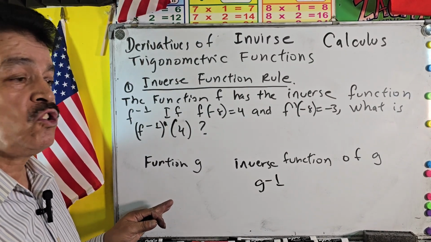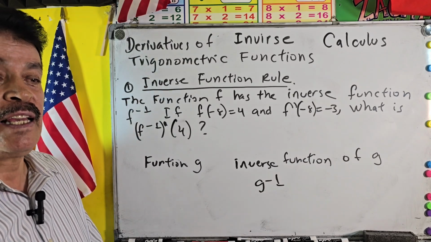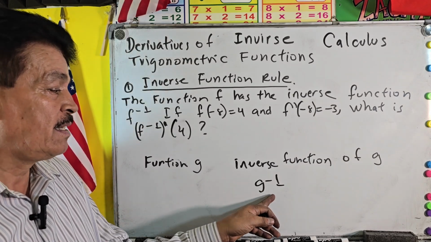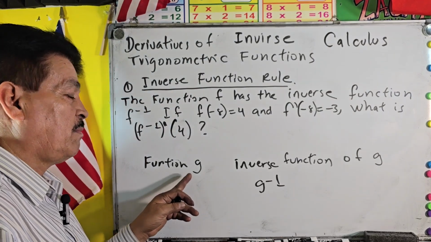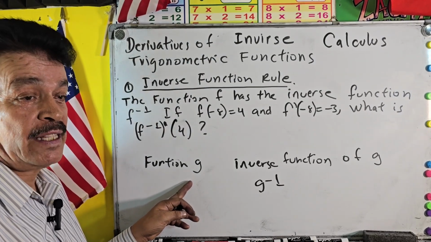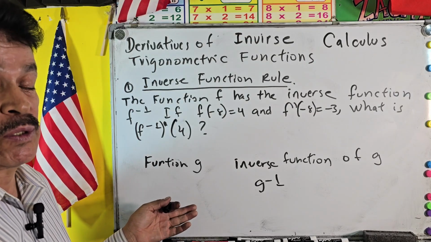The function g to the -1 takes each output value of g to the corresponding input value.